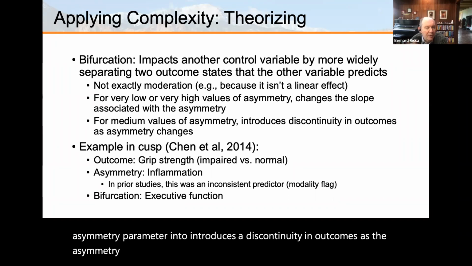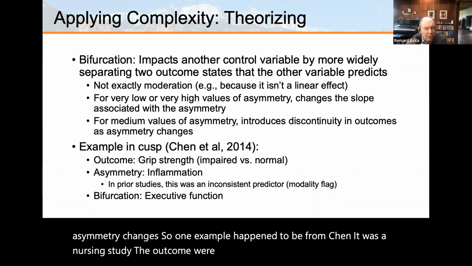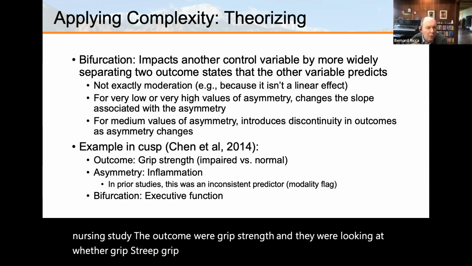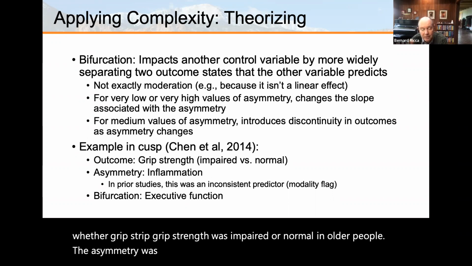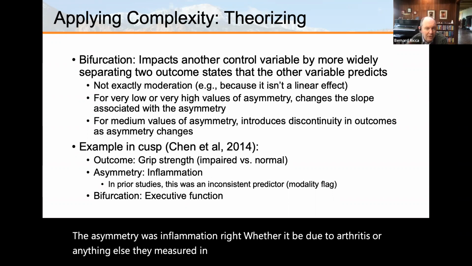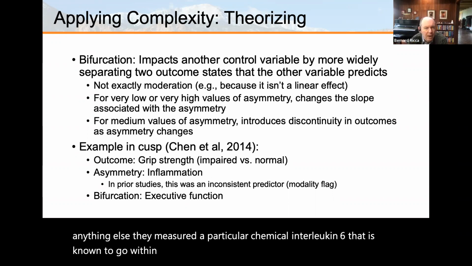So one example happened to be from Chen. It was a nursing study. The outcome was grip strength, and they were looking at whether grip strength was impaired or normal in older people. The asymmetry was inflammation, right? Whether it be due to arthritis or anything else, they measured a particular chemical, interleukin-6, that is known to go with inflammation. And inflammation always was a very inconsistent predictor in previous studies.